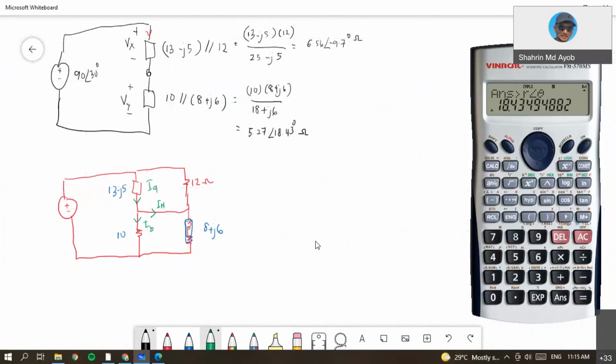So your Vx is actually, by using the voltage division technique right now.